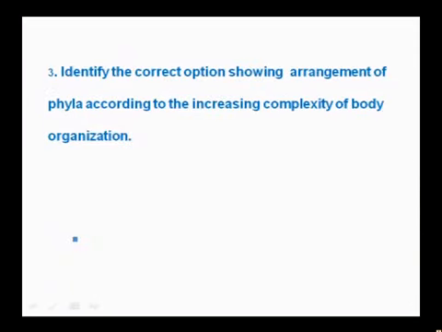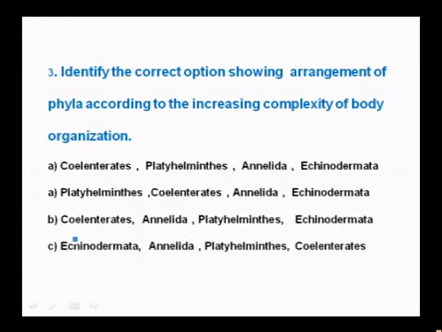Let's see the next one. Identify the correct option showing arrangement of phyla according to the increasing complexity of body organization. Here there are different types of organisms given. Depending upon the increasing complexity, the body goes from cellular organization to tissue grade organization, then organ grade, then organ system grade.